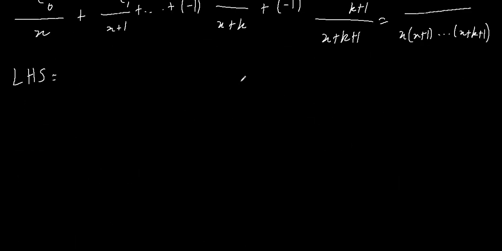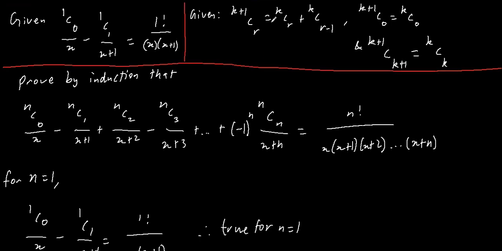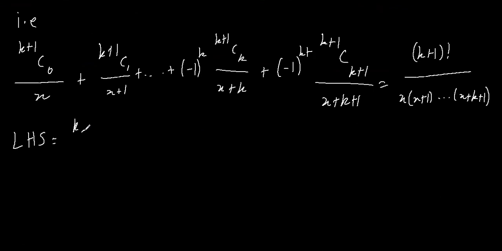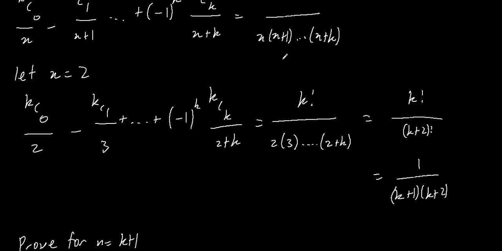And I can do this by using my assumptions, or what I'm given earlier. See how I have a k plus 1 starting off, and they break it down into k's. This is also done in all three, and that's how I use them. So k plus 1 c0 is just the same thing as k c0. So I get k c0 over x plus, now this one, k plus 1 c r.